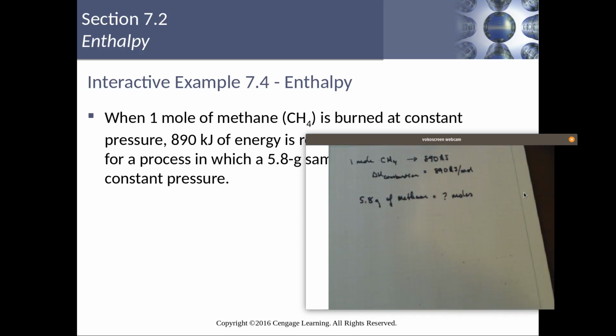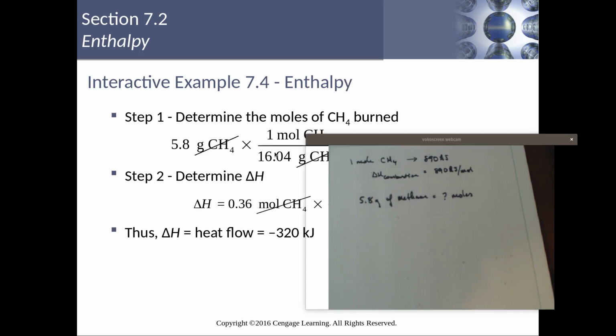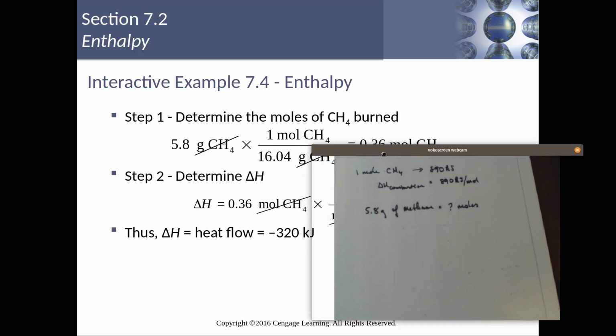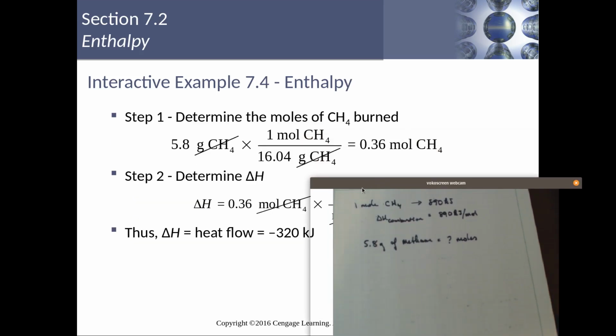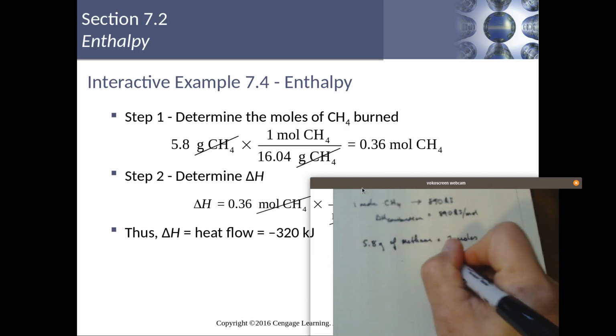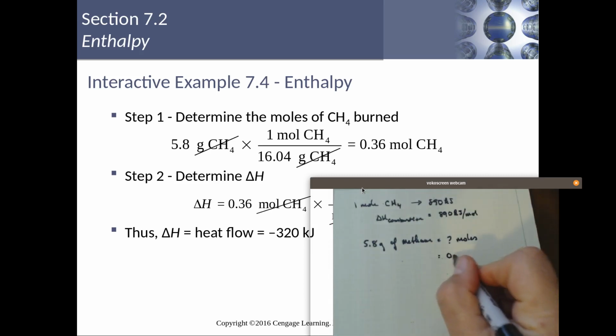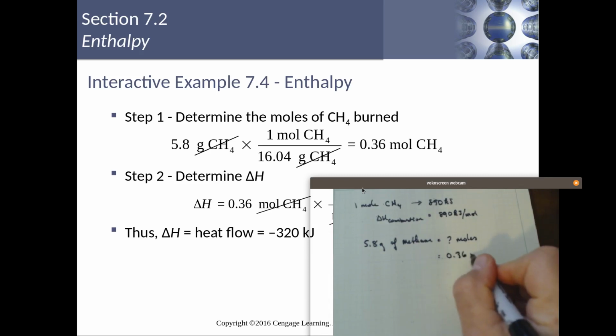I'll simply look ahead, and you would use your periodic table to do this. The number of moles of methane that's burned is equal to 0.36 moles of methane, at 16.04 grams per mole.